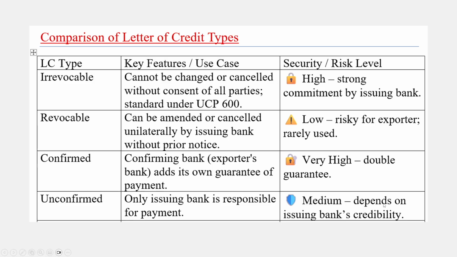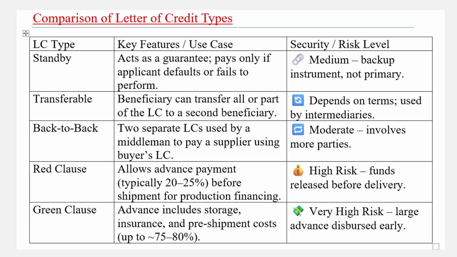It is medium, depending upon the issuing bank's credibility. Under the standby LC, it acts as a guarantee and pays only if the applicant defaults. It also has a medium risk. And in transferable LC, the beneficiary can transfer all or part to a second beneficiary. It depends upon the terms.